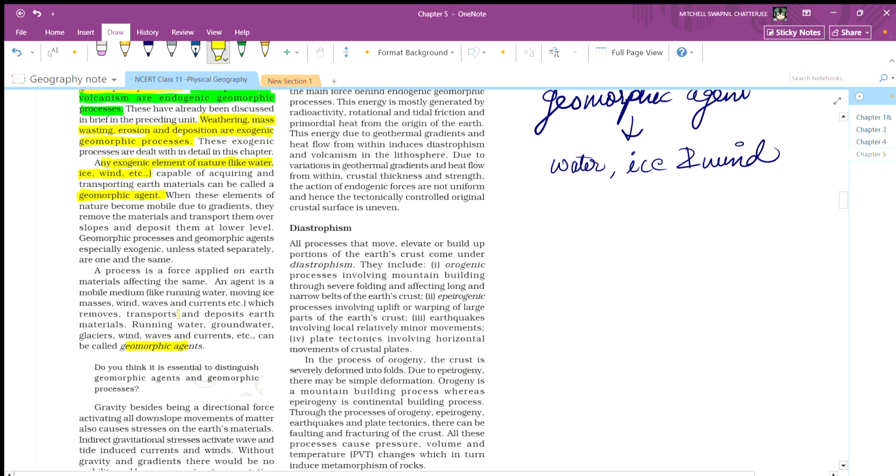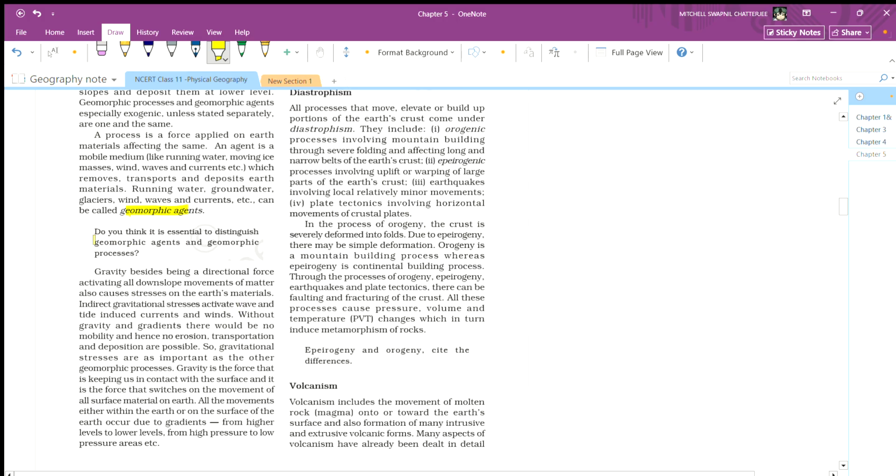Do you think it is essential to distinguish geomorphic agent and geomorphic process?